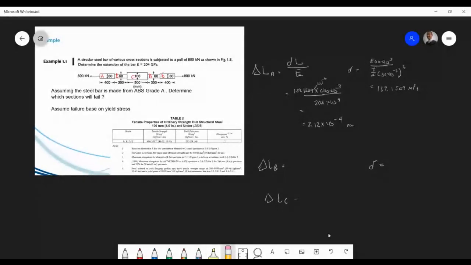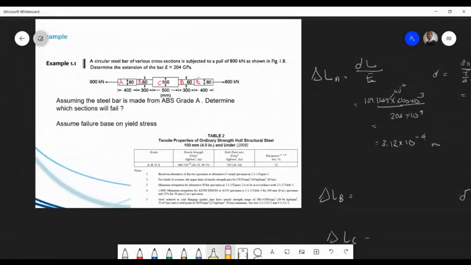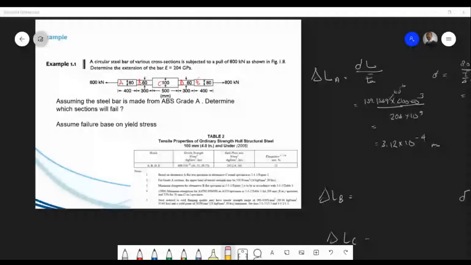I can zoom in. Sorry about that. I hope you can see it now.